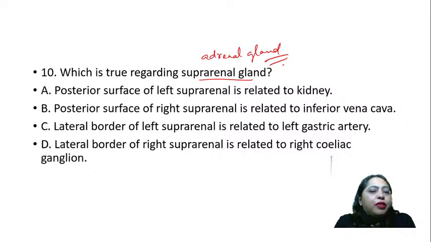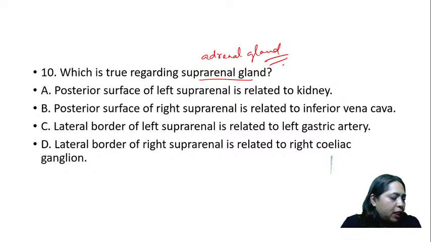Posterior surface of left suprarenal is related to kidney. Posterior surface of right suprarenal is related to inferior vena cava. Lateral border of left suprarenal is related to left gastric. Lateral border of right suprarenal is related to right celiac ganglion. Which one do you think is true?